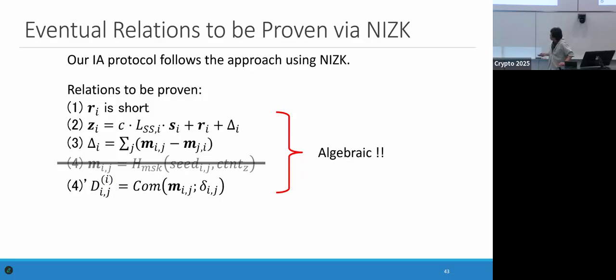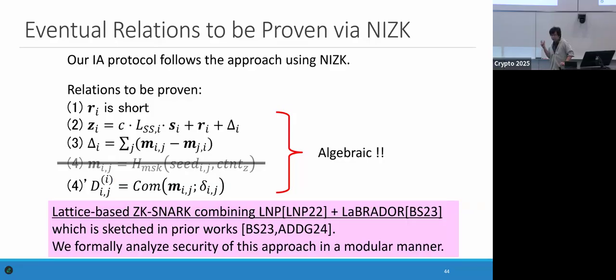So in our protocol, we use a lattice-based ZK-SNARK combining LaBRADOR, which is sketched in previous works. In the security analysis, we formally analyze the security of this approach in a modular manner. For more details, please see our full version paper.